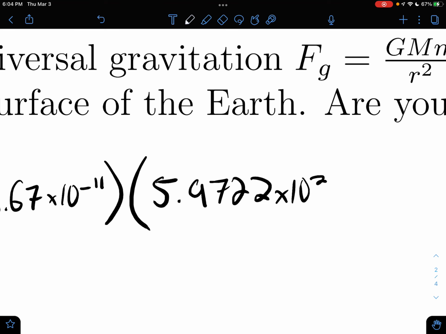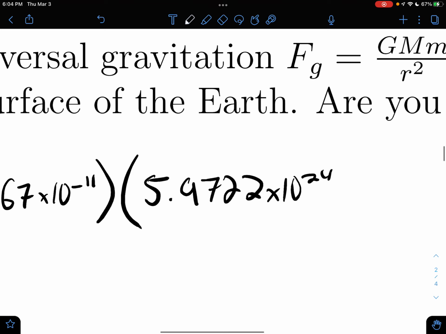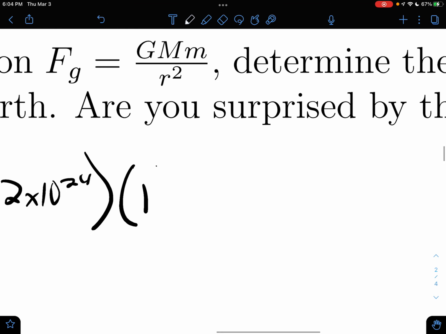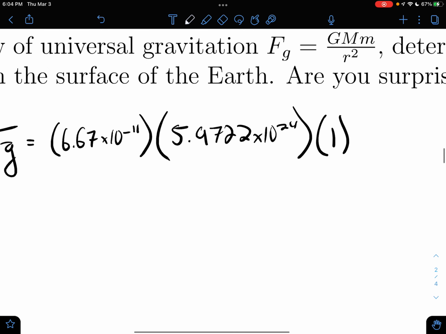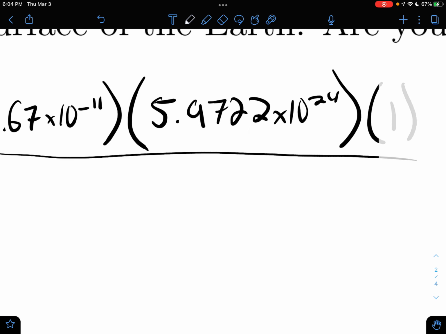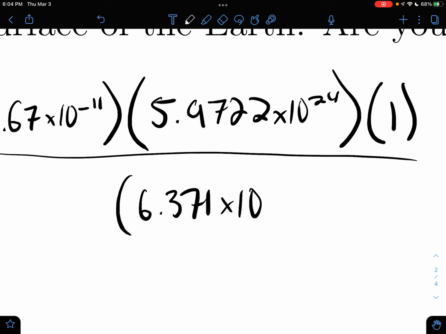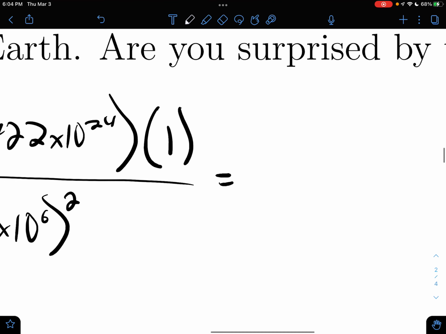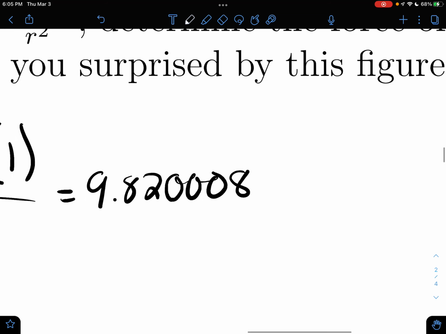We're keeping everything in kilograms. Our little m is our 1 kilogram, and then we divide by our radius squared, 6.371 times 10 to the 6th, all squared. Punching that into a calculator gives us roughly 9.820008021 newtons.